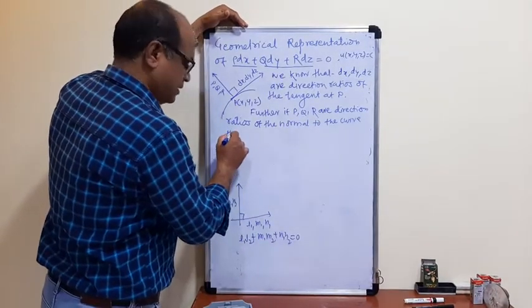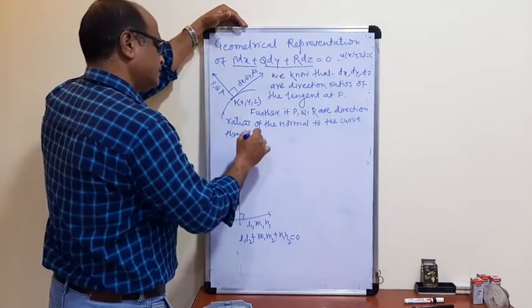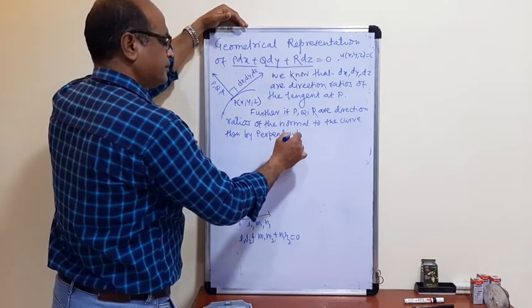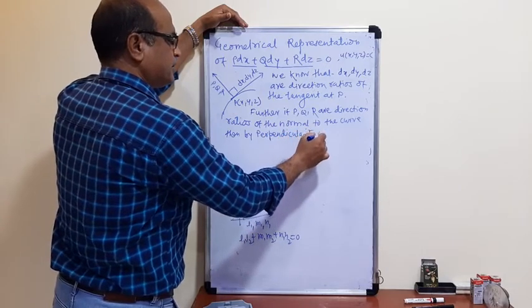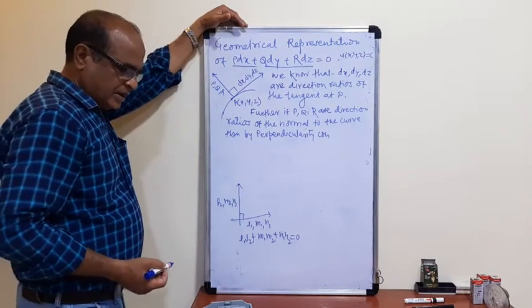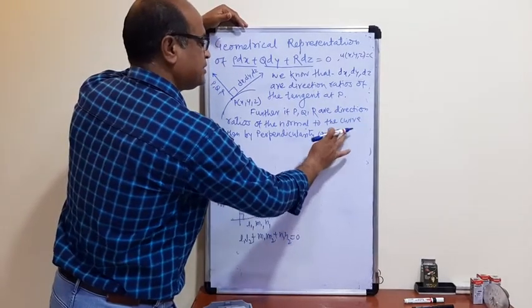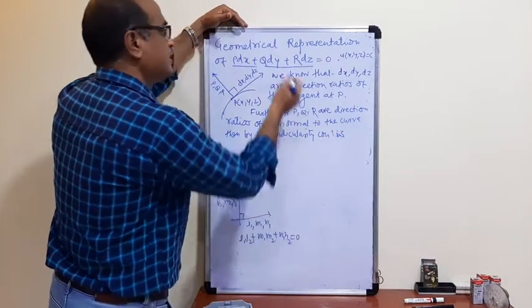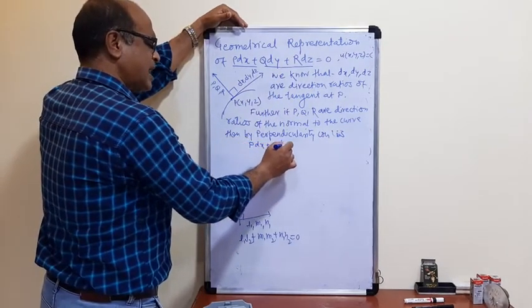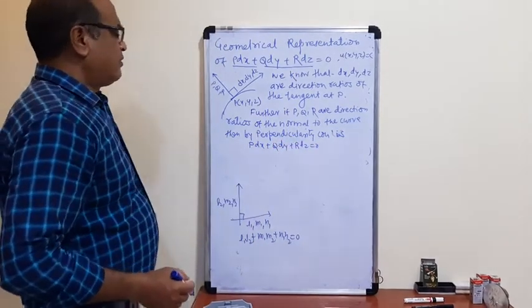Then by the perpendicularity condition, the condition for perpendicularity to the tangent is P dx plus Q dy plus R dz is equal to 0.